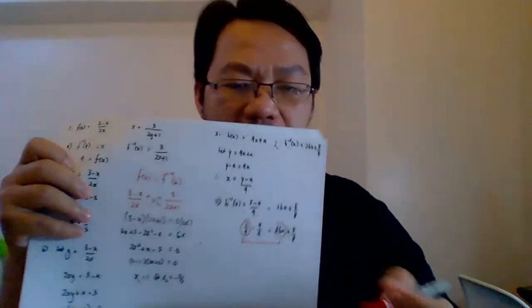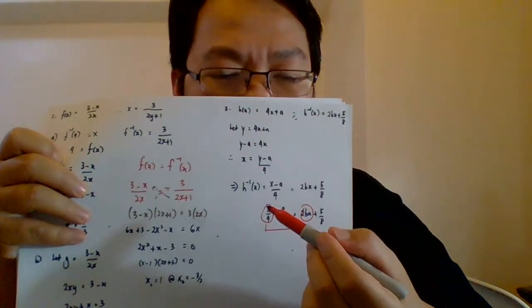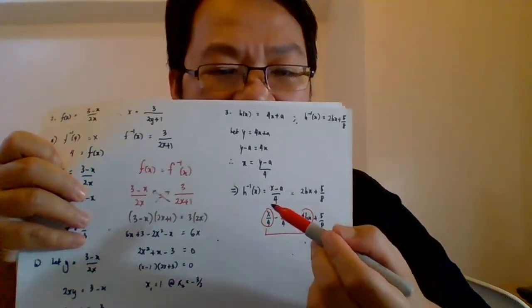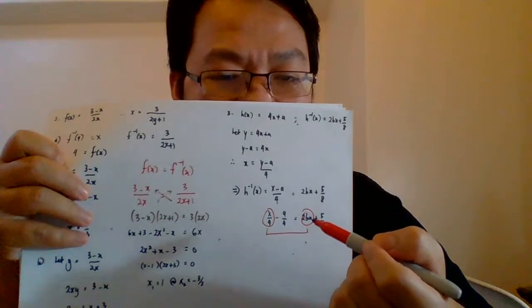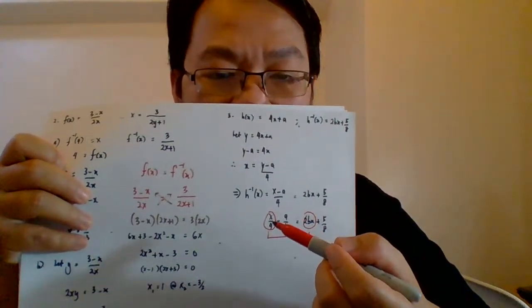The thing that I circled here and the thing that I circled on this side are equivalent to each other. So x over 4 equals 2bx. Since x and x repeat, we can cancel the x. So it becomes 1 over 4 equals 2b. Then b equals 1 over 8.